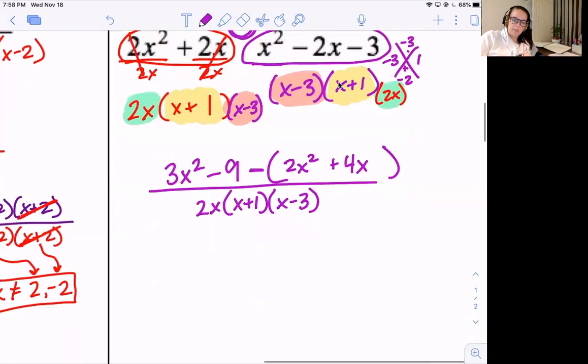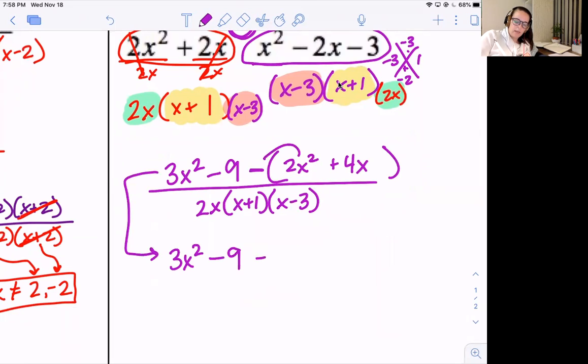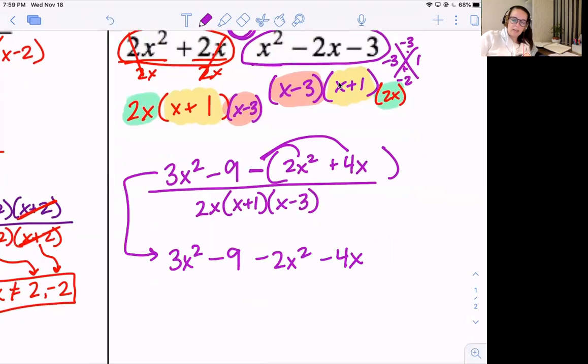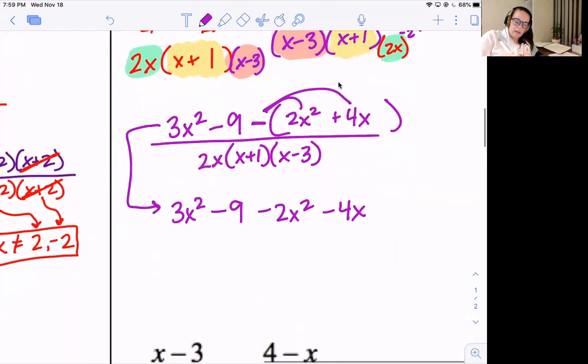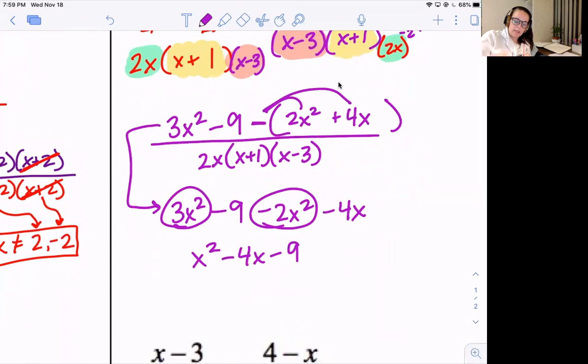I'm going to go ahead and simplify here. I have 3x squared minus 9 minus 2x squared minus 4x. I'm going to simplify. So I have 3x and negative 2x would be 1x squared minus 4x minus 9 over 2x, x plus 1, x minus 3, like that.